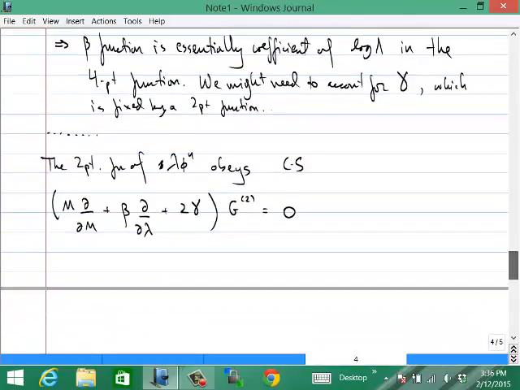And in fact, to the extent that these beta functions and anomalous dimensions are exactly computable, this will give you exact results for the two-point function. So this gives a very efficient way of computing two-point functions, sort of order by order in perturbation theory.